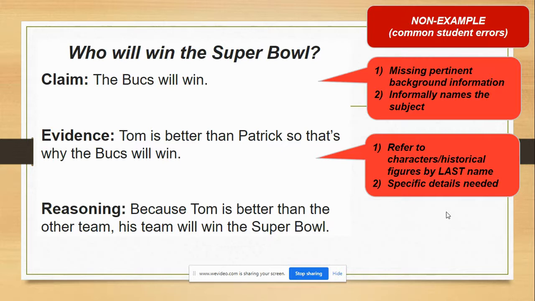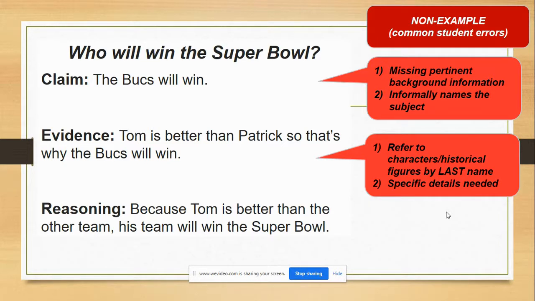That's a low-level, familiar way of writing. We want to always refer to characters and historical figures by their last name, so either their first and last name or just their last name. We also don't have any specific details. Tom is, quote, better than Patrick. This may be true, but there are no details from any sources to support this claim.